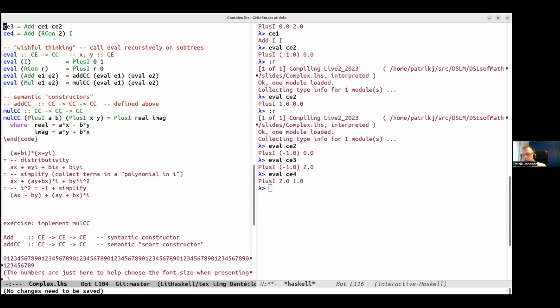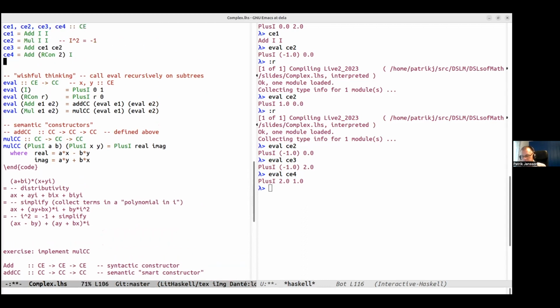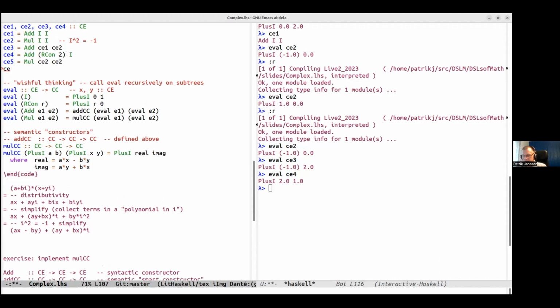We've got a complete evaluator which recursively traverses this tree, which could be quite large. If I do CE5, which is the multiplication of CE2 and CE2, and then CE6, which is the multiplication of CE5 with CE5.